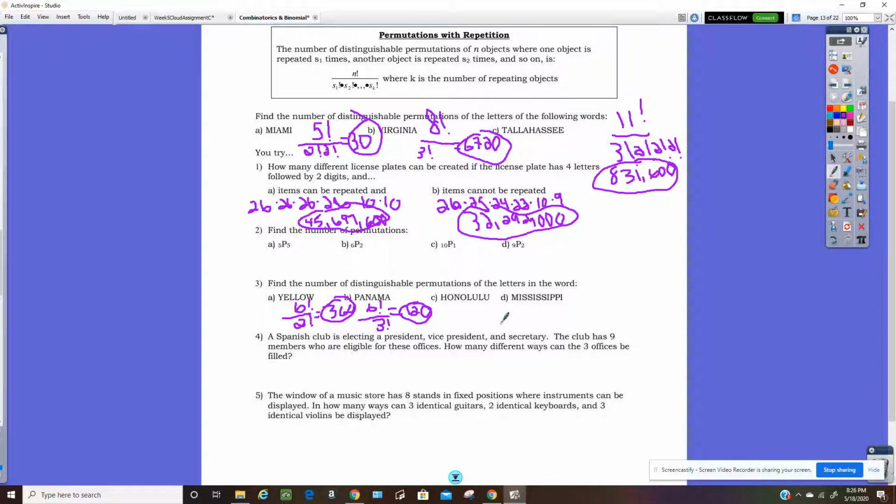Then Honolulu has 1, 2, 3, 4, 5, 6, 7, 8 letters, and then 2 O's, and 2 L's, and 2 U's.